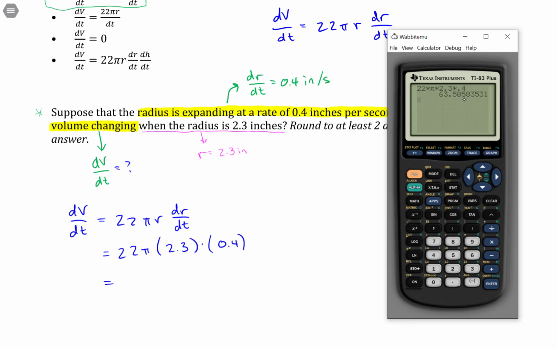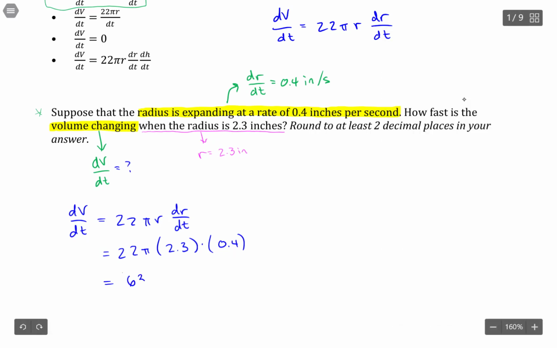It says at least 2 decimals. So 63.59. What unit would this be? Well, this is a volume. Volumes are cubic values, and it's still measuring with respect to time. So our time measurement was in seconds, so cubic inches per second.